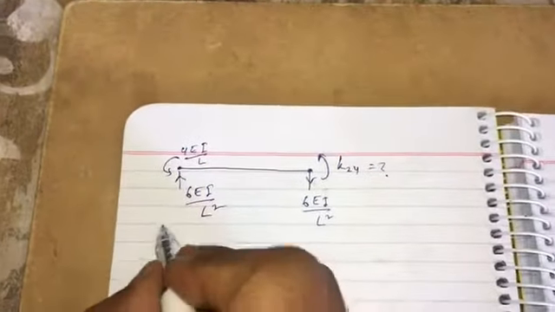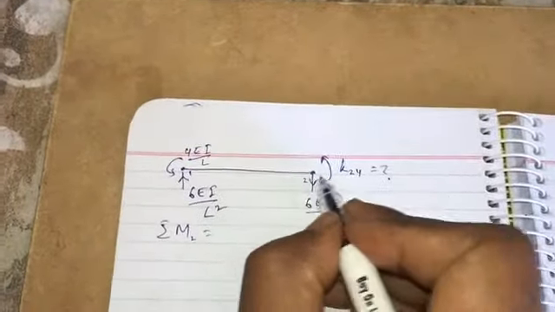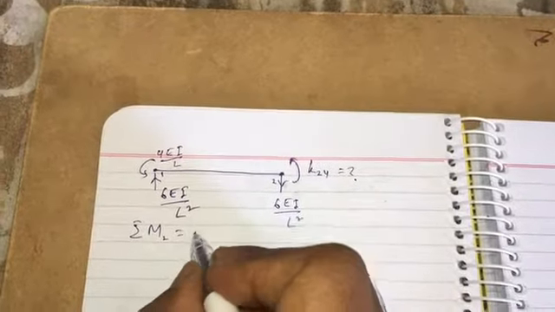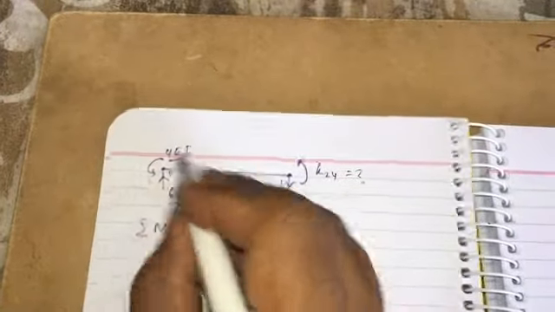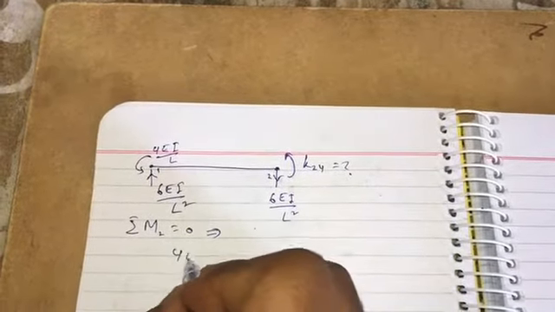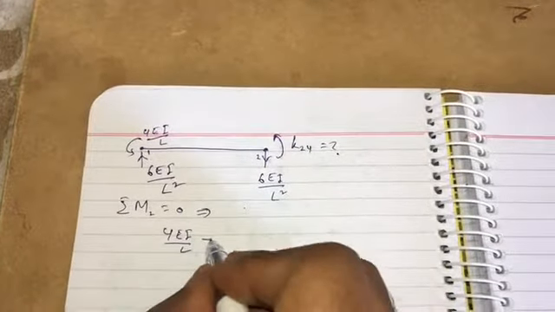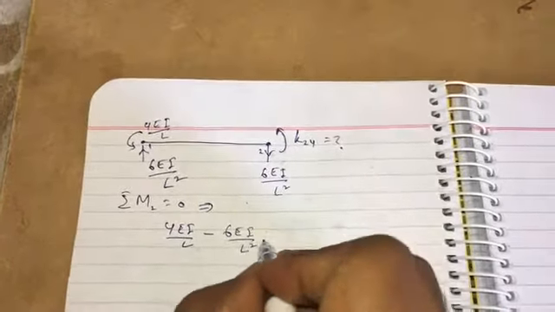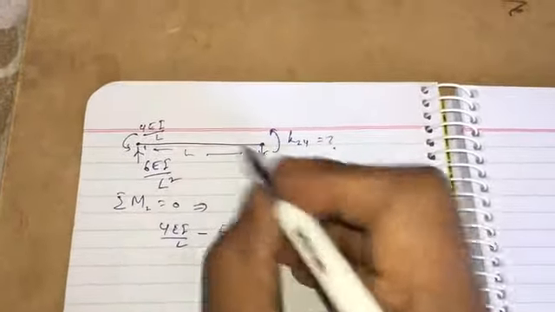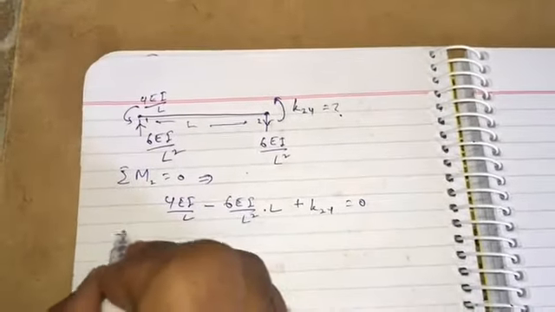Okay, so equal to what? So we sum the moment about point 2, this is point 1, point 2, and it has to be 0. So what we get? This is anti-clockwise, so we get 4EI over L, and this is clockwise, so minus 6EI over L square times L, the distance from here to here is L. Okay, and then this is also anti-clockwise, so K24, equal to 0. So what we get?